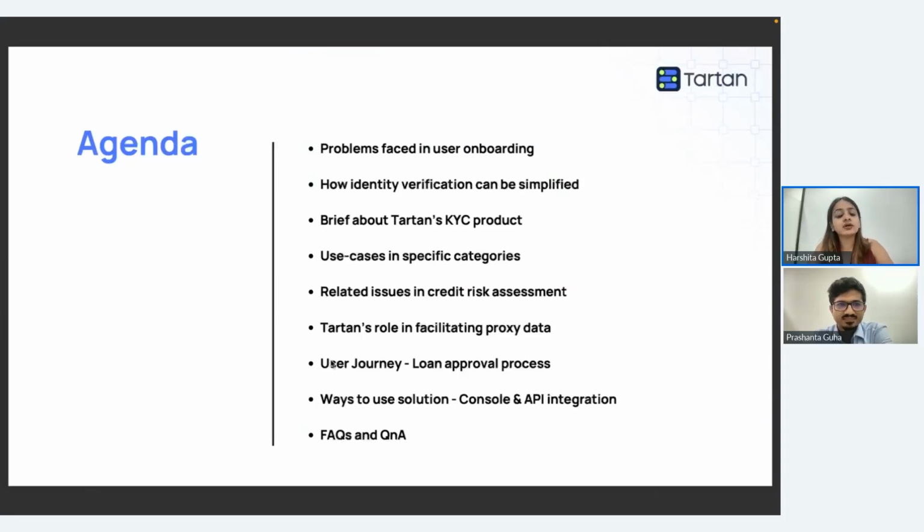Then a very small introduction about how Tartan's KYC product works, including use cases of different genres. Then the credit risk assessment that comes around in the user journey for individuals and for businesses as well.